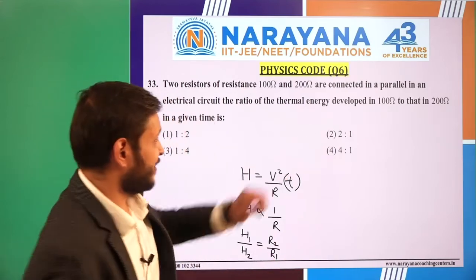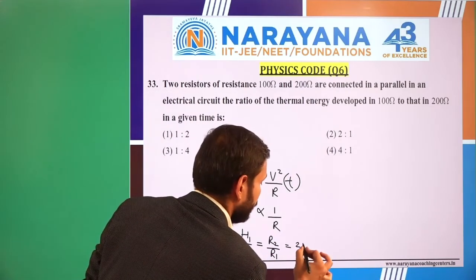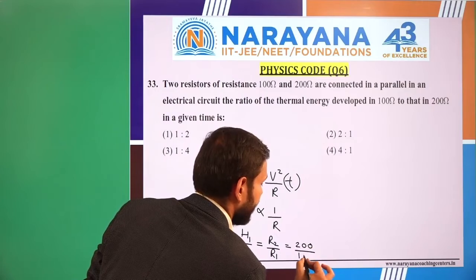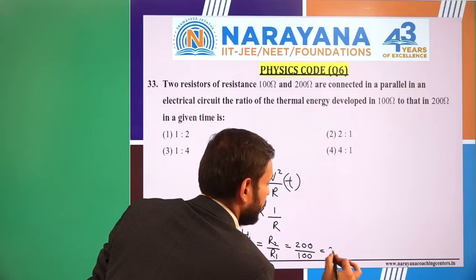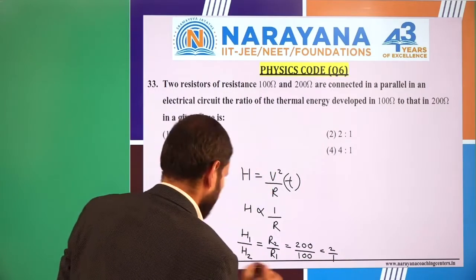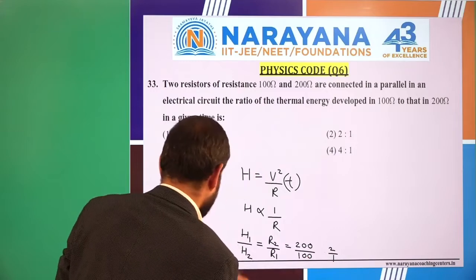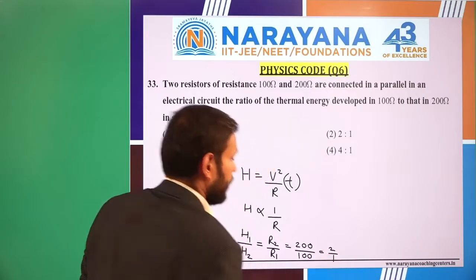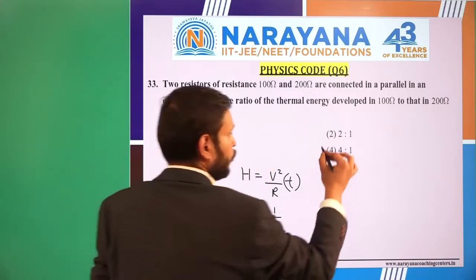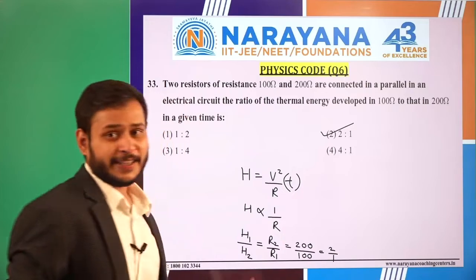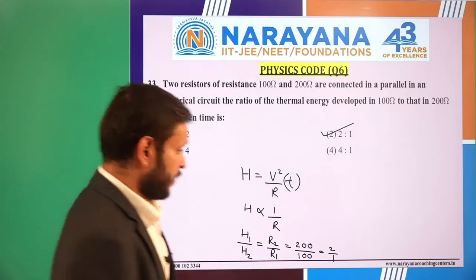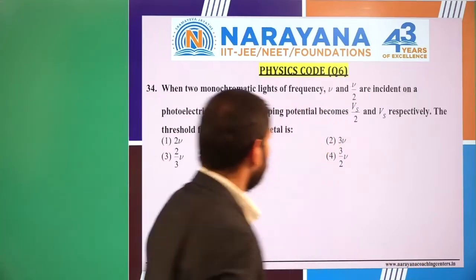Right. The second resistance is basically over here 200 ohm and first one is 100. So this will be 2 by 1. Right. And correct option over here is option number 2, that is 2:1. Let's just move to the next question.